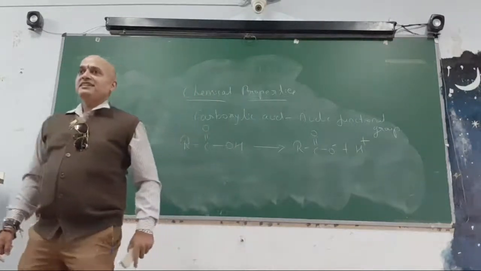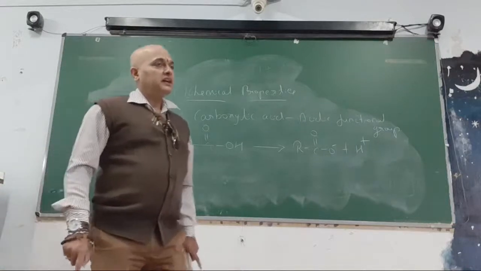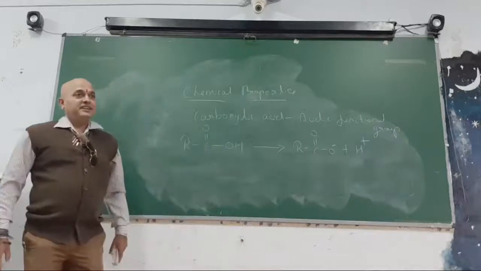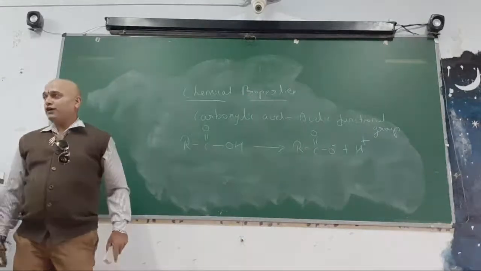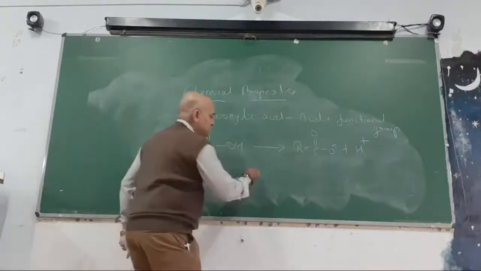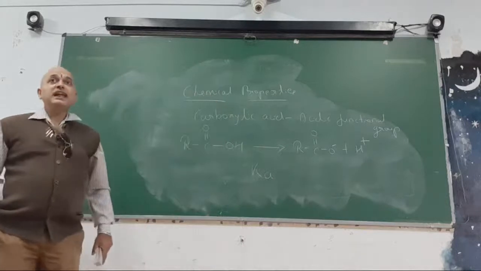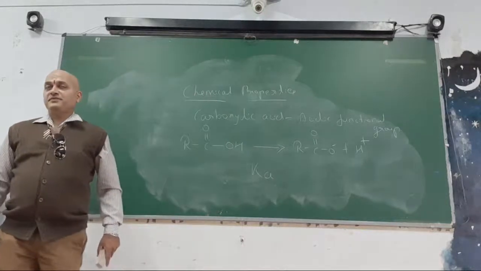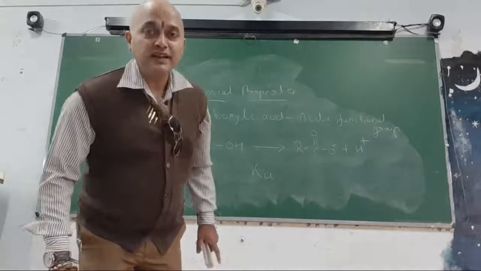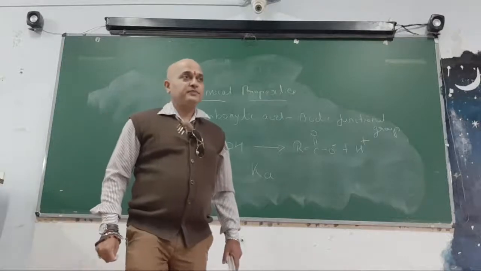I don't remember whether I have done it for section A. Anyway, it has been done for all of you, chemical equilibrium. There we had a concept called Ka. What is Ka? Anyone from here online? What is that Ka?